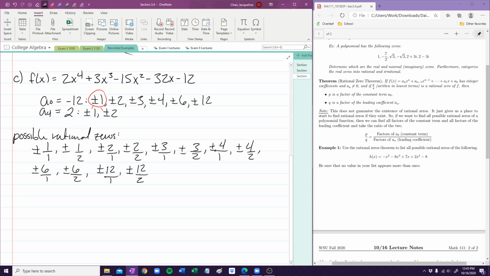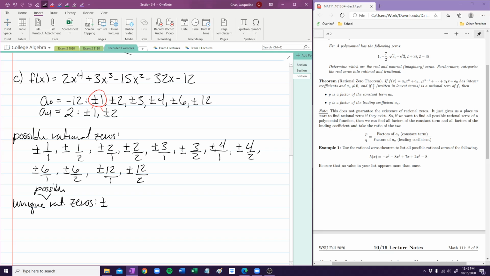As you can see, a lot of options. However, not all of them are going to be unique. So what are my unique possible rational zeros?